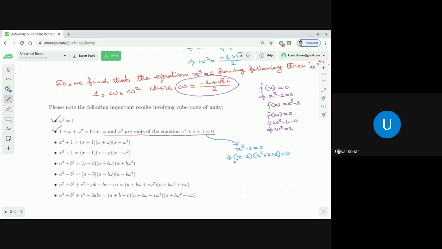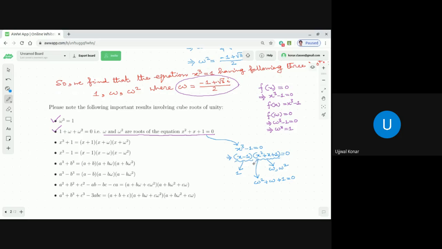The root of x minus 1 we already found is 1, so x square plus x plus 1 will have the other two roots, that is omega and omega square. Since omega is a root, omega square plus omega plus 1 equal to 0.